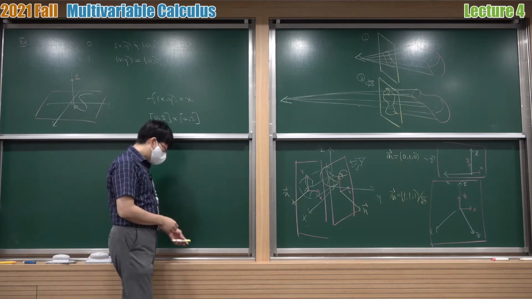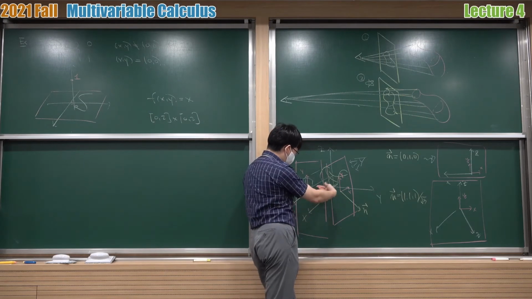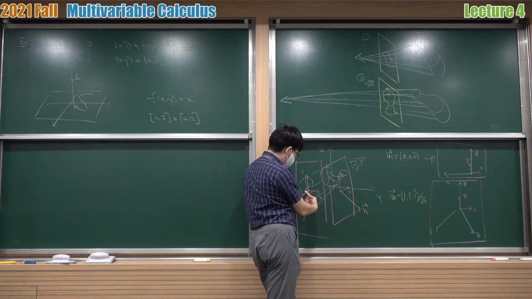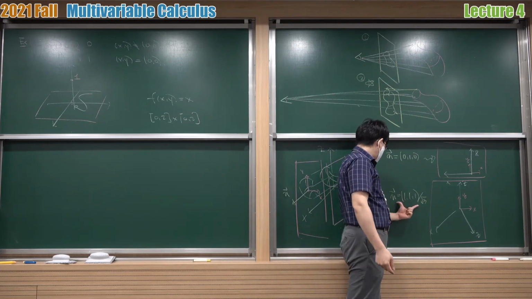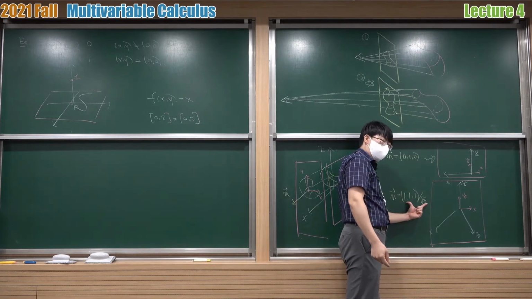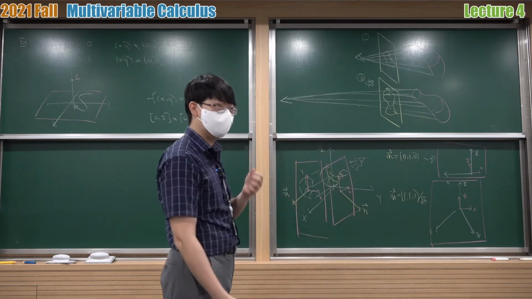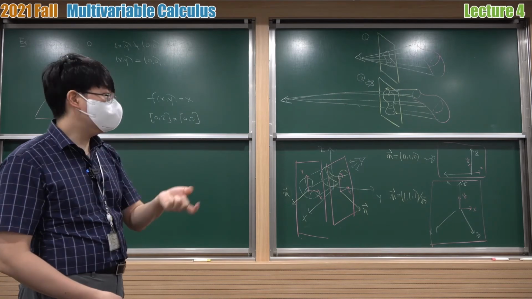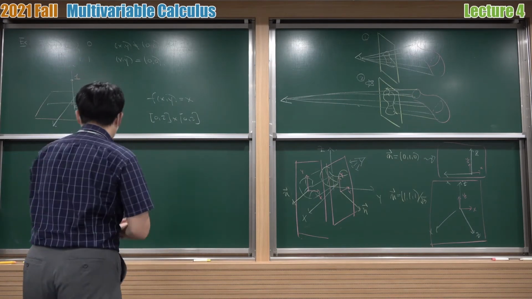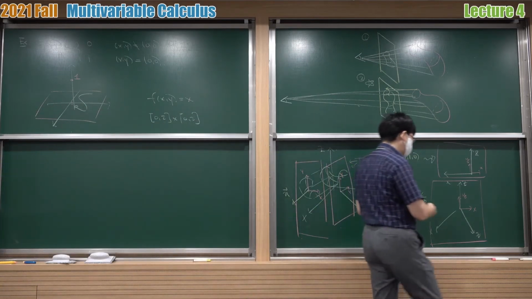So for example, I want to rotate my glass, which was originally perpendicular to the x-axis, to the position where it's perpendicular to (1, 1, 1). How would you do that? I'm going to give you a hint by introducing new coordinate systems.